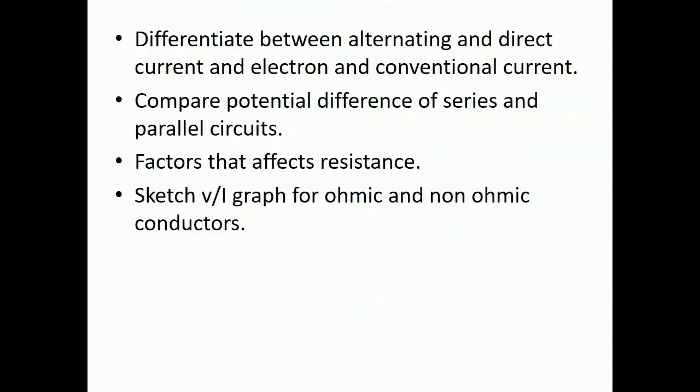Where do we get alternating current and where do we get direct current? Then electron and conventional current, you should be able to show the direction in an electric circuit, either from positive to negative or from negative to positive. And when you are showing them on the circuit, you should use an arrow because it is an arrow that shows the direction.